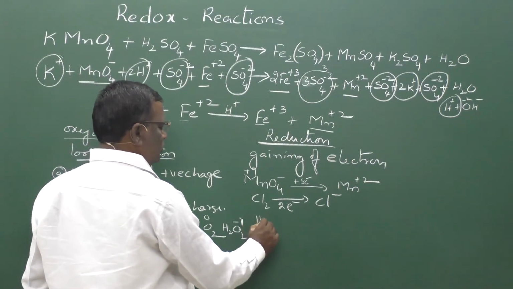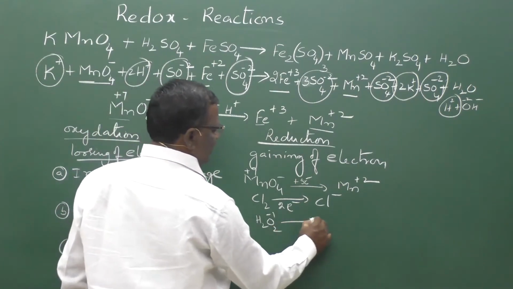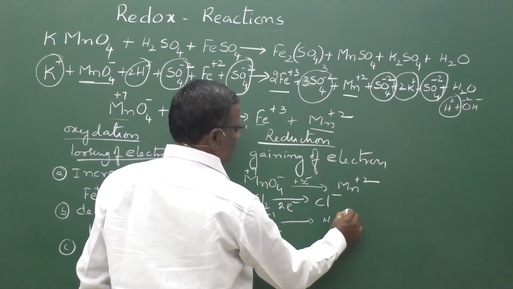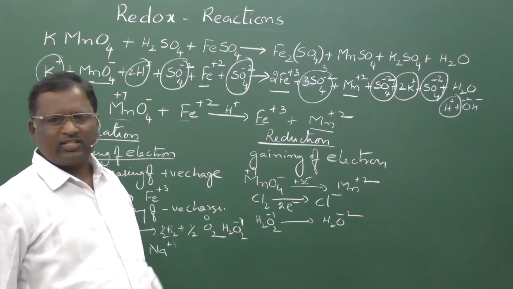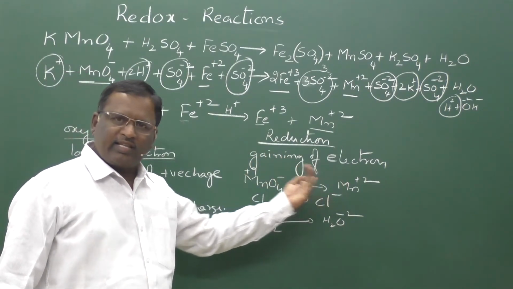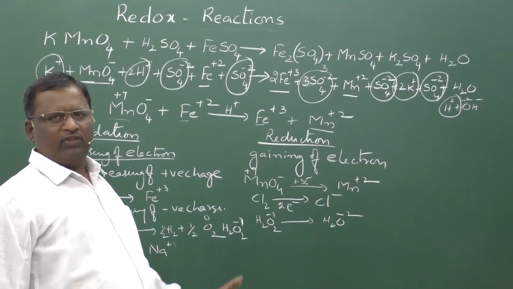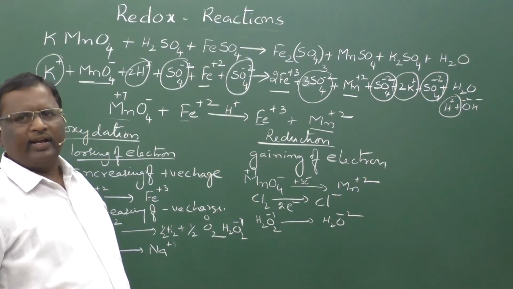H2O2 is in -1 oxidation state. If it is converted to H2O, where it has -2 oxidation state, that is also called reduction. Increasing of negative charge, decreasing of positive charge or conversion of a neutral atom into a negative ion is said to be reduction.